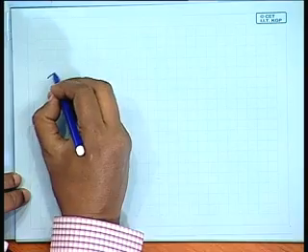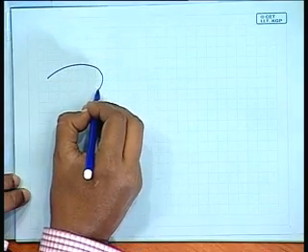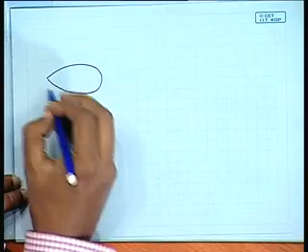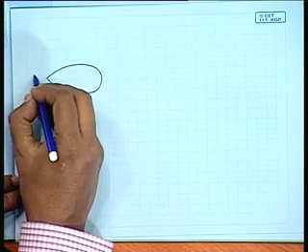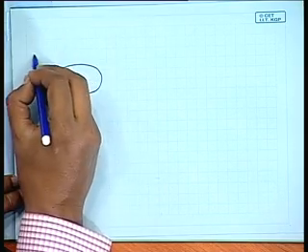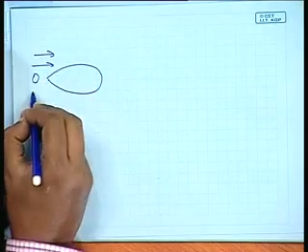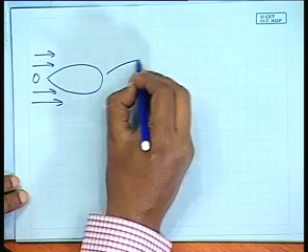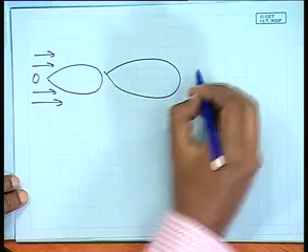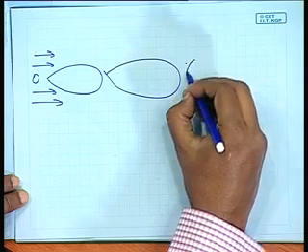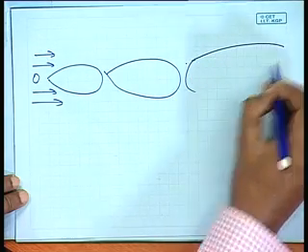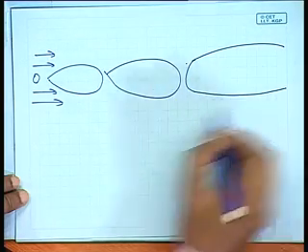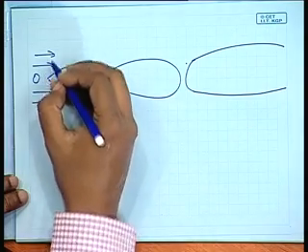Here, as you can see, it would be initially like this. This is starting from here, this is the point flow, and this is the flow direction. This would begin to expand like this, and then it would be more like this.